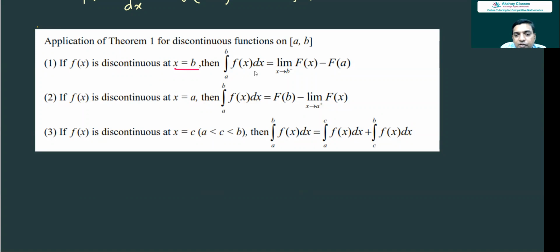So the integral from a to b of f of x dx will become, with the lower limit remaining as it is, capital F of a, and for the upper limit, limit x tends to b minus of capital F of x. So you find the antiderivative, and don't substitute x equal to b in the antiderivative because the function is discontinuous at b.